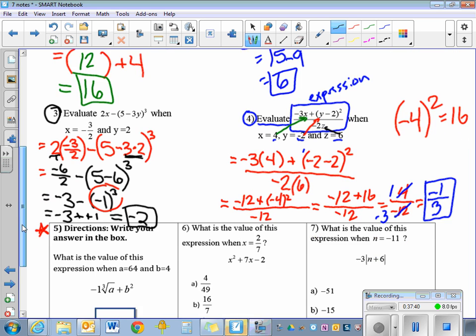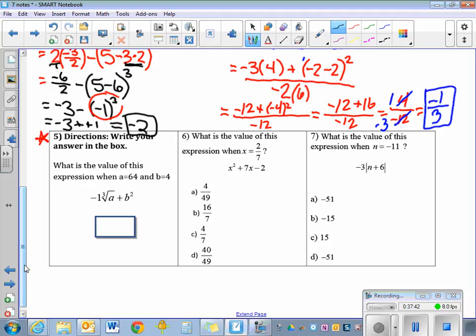And then for time's sake, I'm going to go ahead and just quickly go through 5, 6, and 7. So please do stop me if you have a question on what I'm doing. So here A is 64, so that's what I'm going to substitute in for A. And B is 4, so that gets substituted for B. So I have off to the side negative 1 times the cube root of 64 plus, instead of B squared, 4 squared.